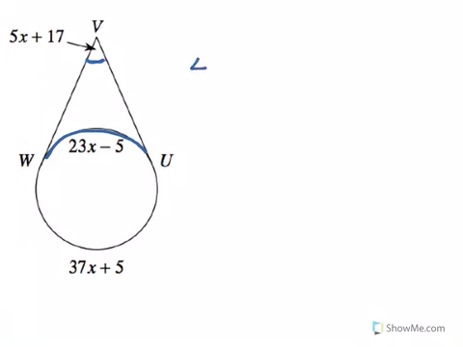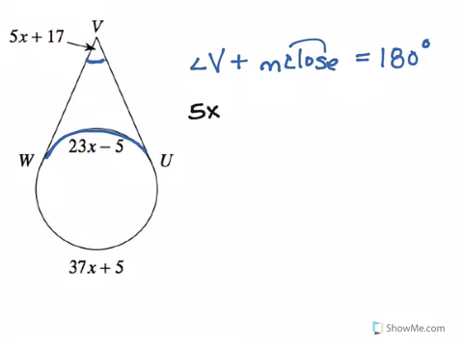So angle V plus the measure of the close arc is equal to 180 degrees. And so we can set that up a little bit faster here.